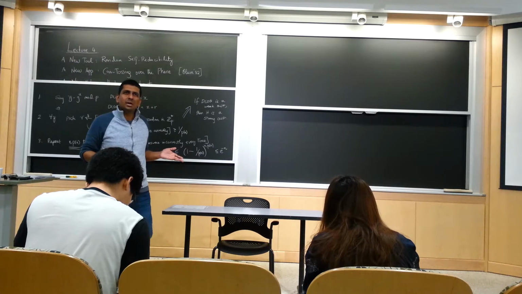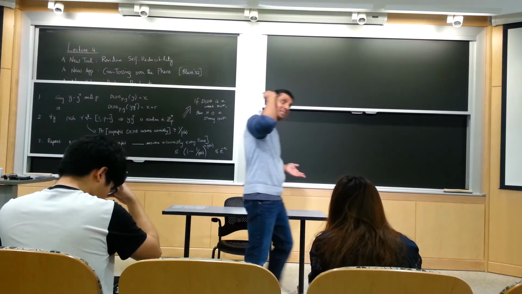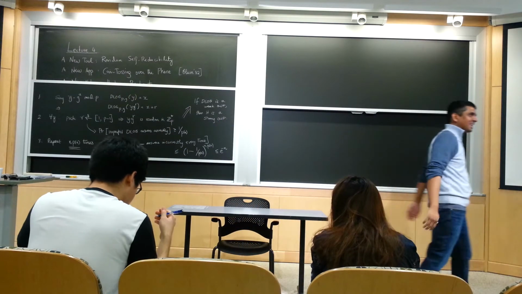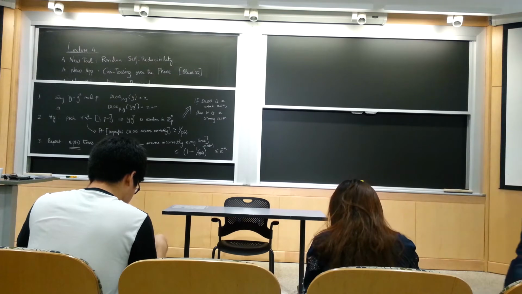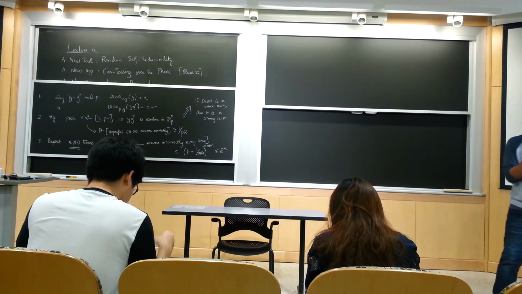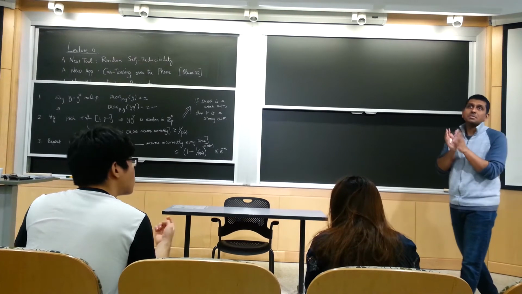How so? Right? So remember we saw a long time ago, in the second lecture, that any weak one-way function can be transformed into another function which is a strong one.